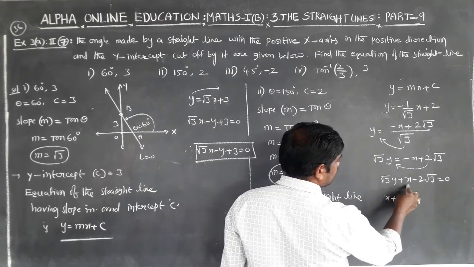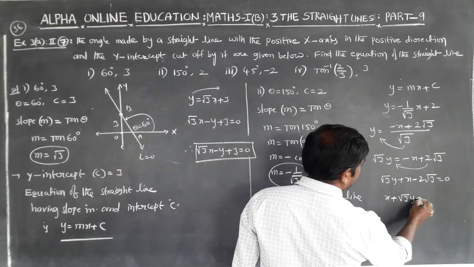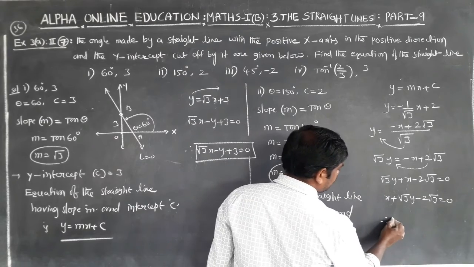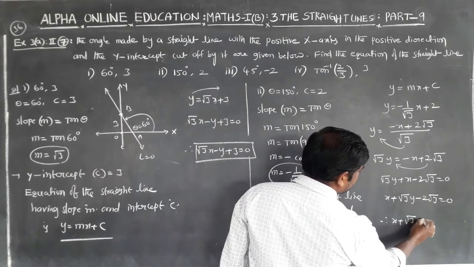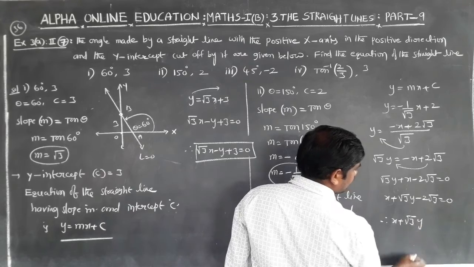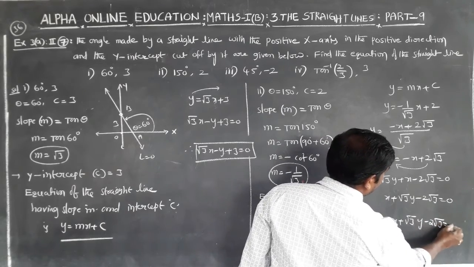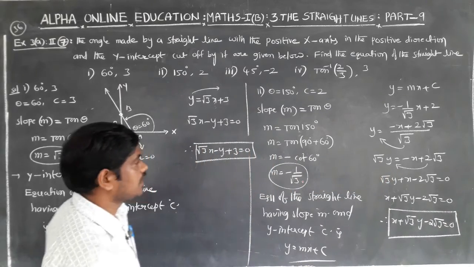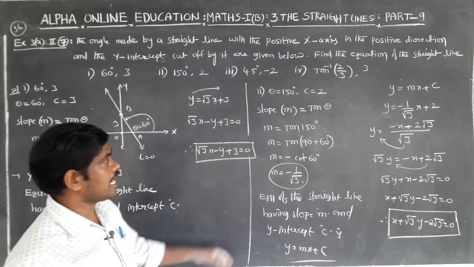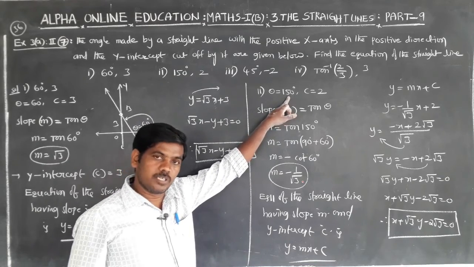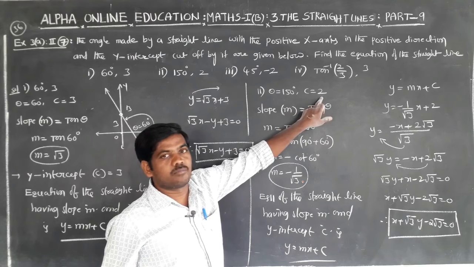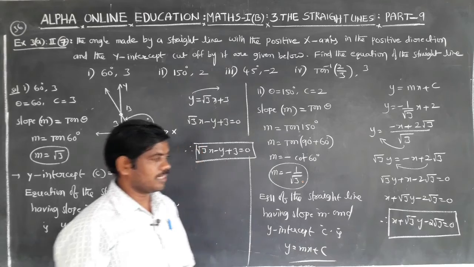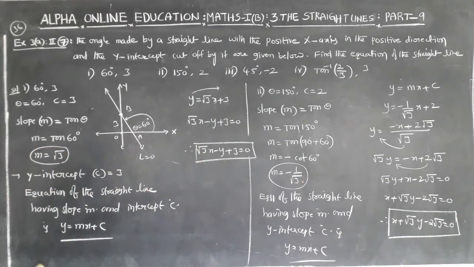Right order, x plus root 3y minus 2 root 3 is equal to 0. Therefore, equation of the straight line is x plus root 3y minus 2 root 3 is equal to 0. This is the second problem. A line makes an angle 150 degrees with the positive x-axis and y-intercept 2 is x plus root 3y minus 2 root 3 is equal to 0.